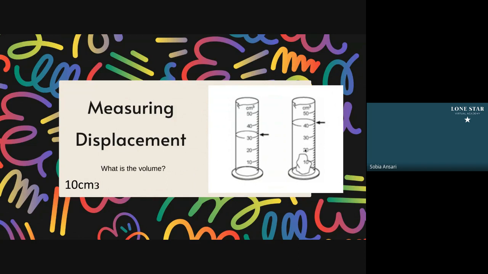You are going to see how much the water displaced. So what is the difference between what it was before and what it is after? So now it's at 40 centimeters cubed. So all you have to do is subtract 40 minus 30, and that is going to be your volume. So 40 minus 30 is 10. So the volume is 10 centimeters cubed for this rock.